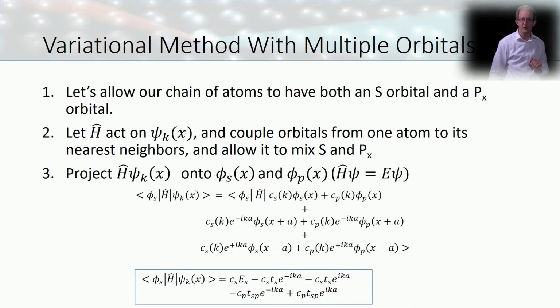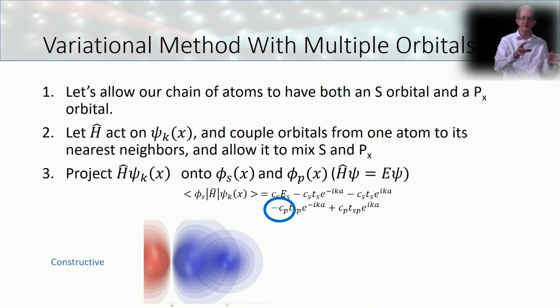Okay, so I want to point something out. Why do we have a minus sign in one spot and a positive sign in the other? That has to do with how these orbitals interfere, how these orbitals add together. All right, so what I've drawn here is an s orbital at the origin and a px orbital one atom behind.